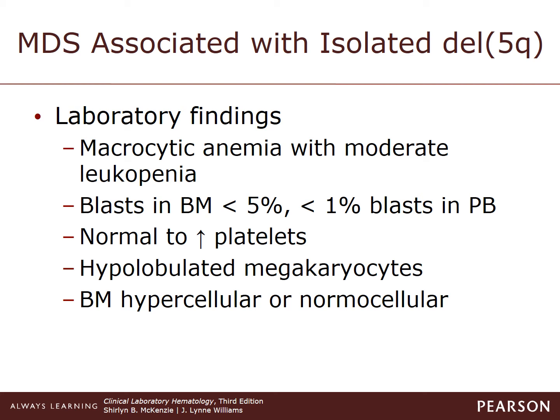There are less than 1% blasts in the peripheral blood and no Auer rods seen in those blasts. Patients here have a long-term stable disease with a median survival about 145 months. There's a drug that has been proven to be effective in patients with this condition, in addition to any other isolated gene problem.